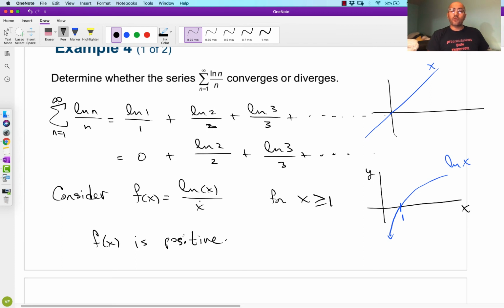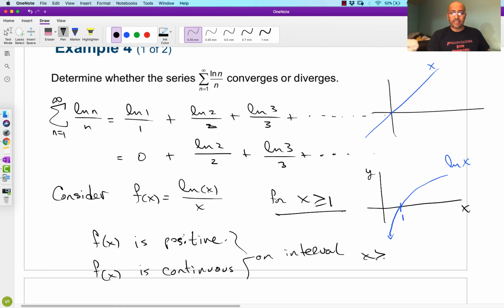In other words, the only way we can have a vertical asymptote or an undefined is if x equals 0, but it's not going to be 0 because we're only focusing our attention on x being greater than or equal to 1. So f of x is also continuous, and both of these are on the interval x being strictly greater than 1.